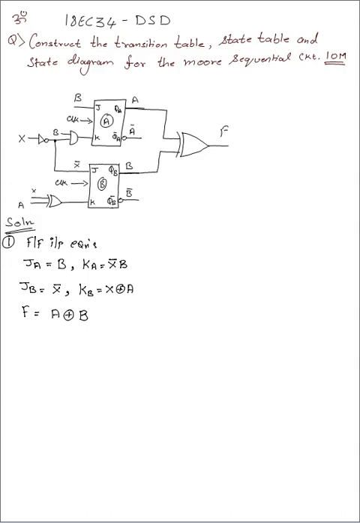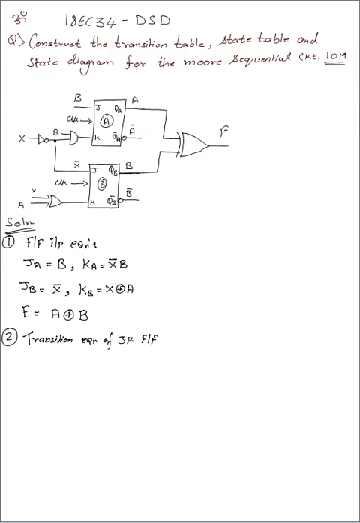Second step is to derive the characteristic equation or transition equation of the JK flip-flop. This equation is going to help us determine the next output, based on the current input and current output.